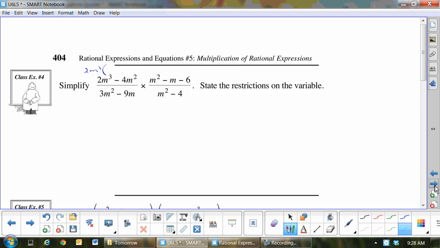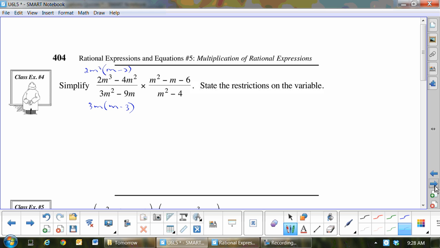So 2m squared, that leaves me with m minus 2. Very good. Okay, let's do the bottom. The denominator of this one. Going to take out 3m, leaving me with m minus 3.